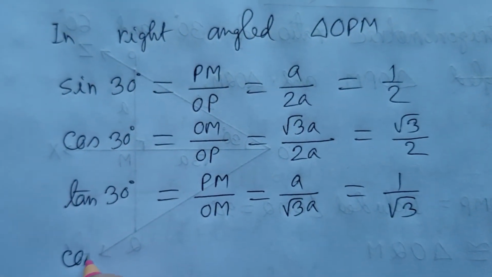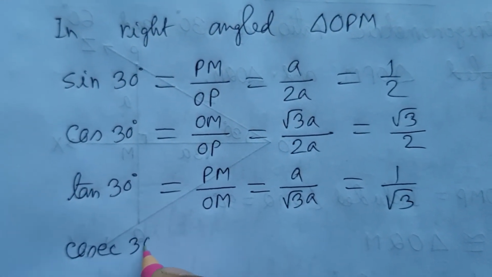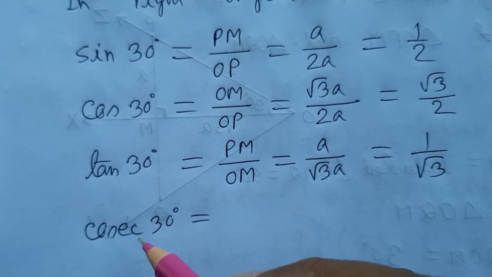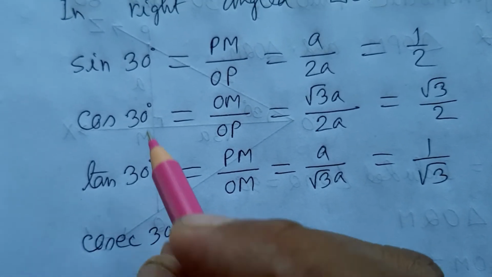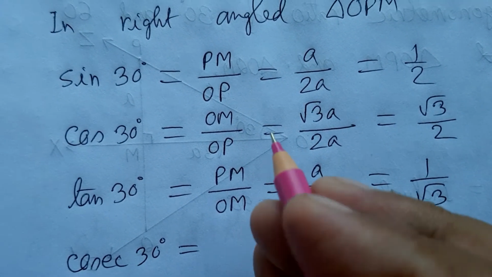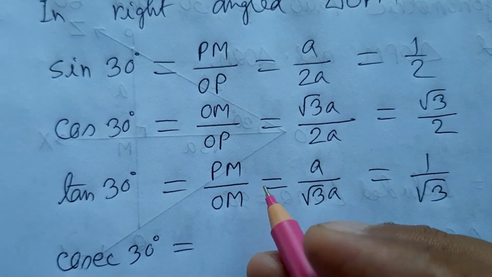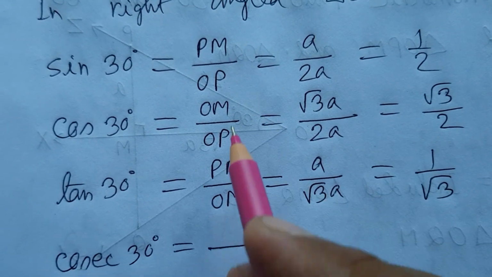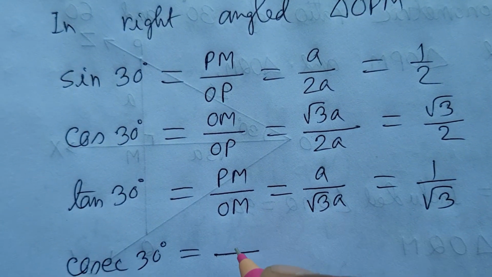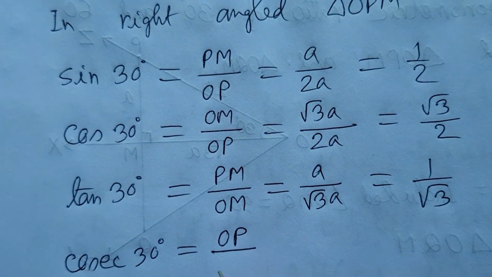Now cosec 30. We know cosec means 1 by sine, that is cosec is the opposite of sine. So if sine is PM by OP, then cosec will be OP by PM.